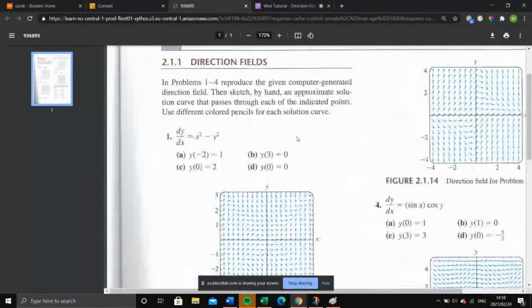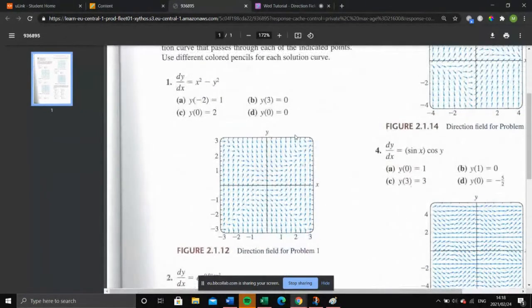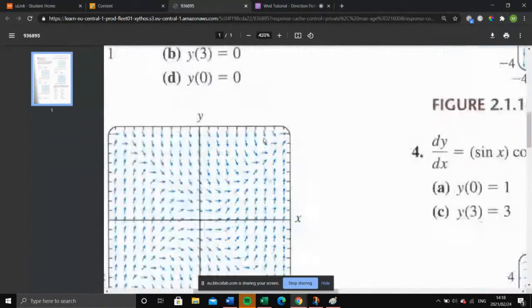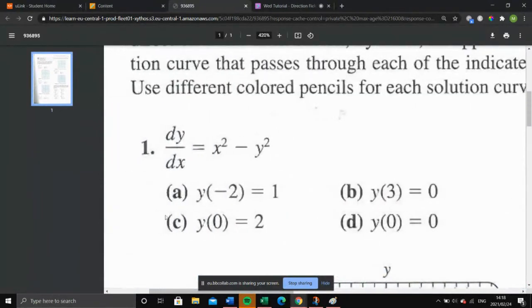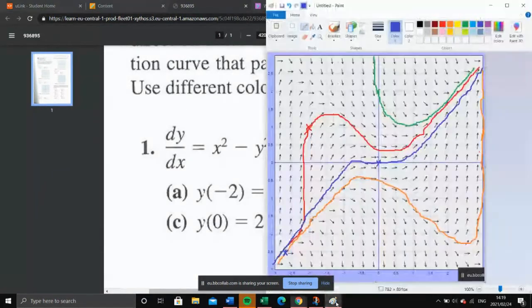But you won't be given just the differential equation and these points, and be asked to reproduce that all of a sudden. If you had to sit there and draw lots and lots of different arrows, and then go in and plot the points, there is so much space for error that it becomes impossible to mark.